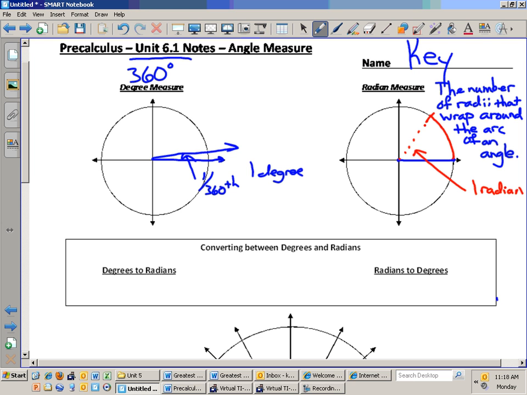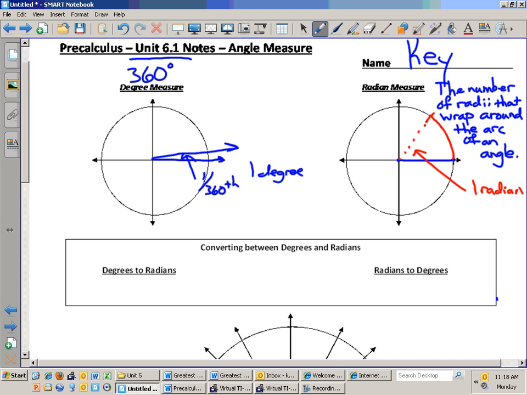Here you have 1 degree, which is simply 1/360th of that angle measure all the way around. Whereas this is the angle measure when the arc length is the same as this length. Now, if you were to approximate that angle measure, what would you say is an approximate angle measure for 1 radian?